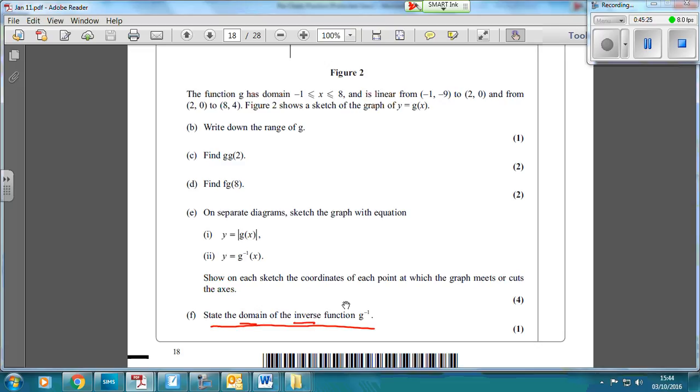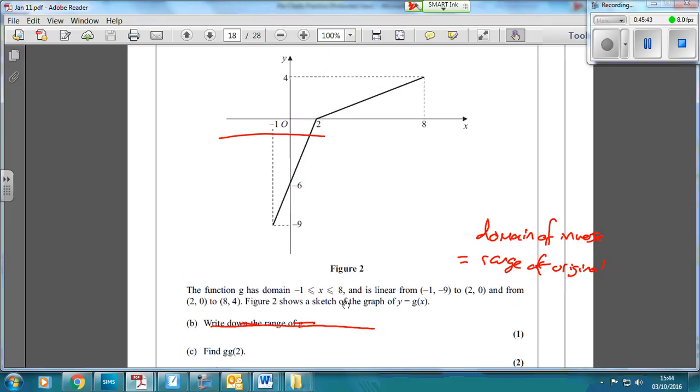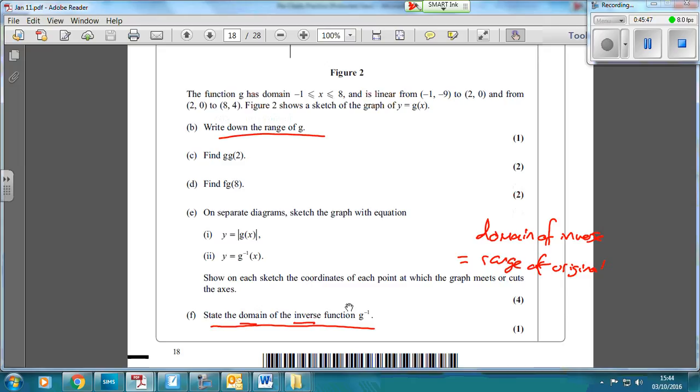The domain of the inverse equals the range of the original. So the range of this we said was between, so the y values, that's between -9 and 4.